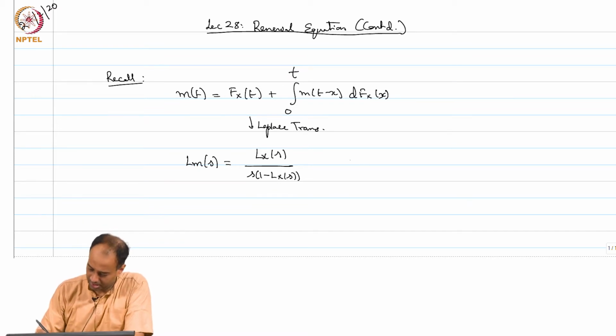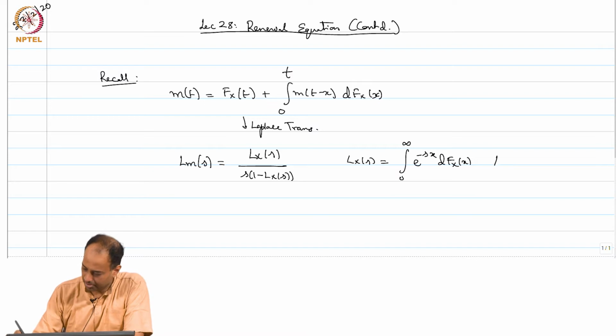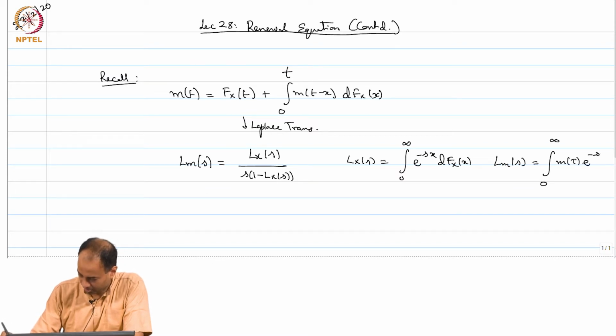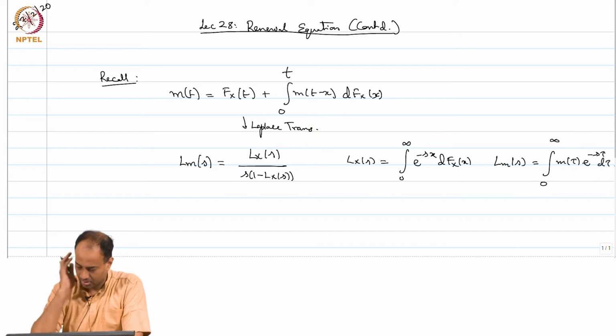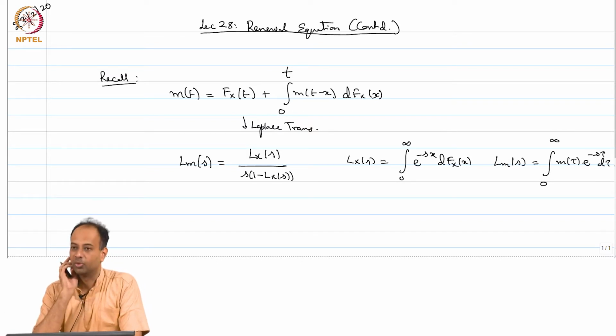So, here L_X of s is just the Laplace transform of the underlying distribution X. So, this is the integral of e power minus s x dF_X of x, and L_m is the Laplace transform of m of tau, all right.